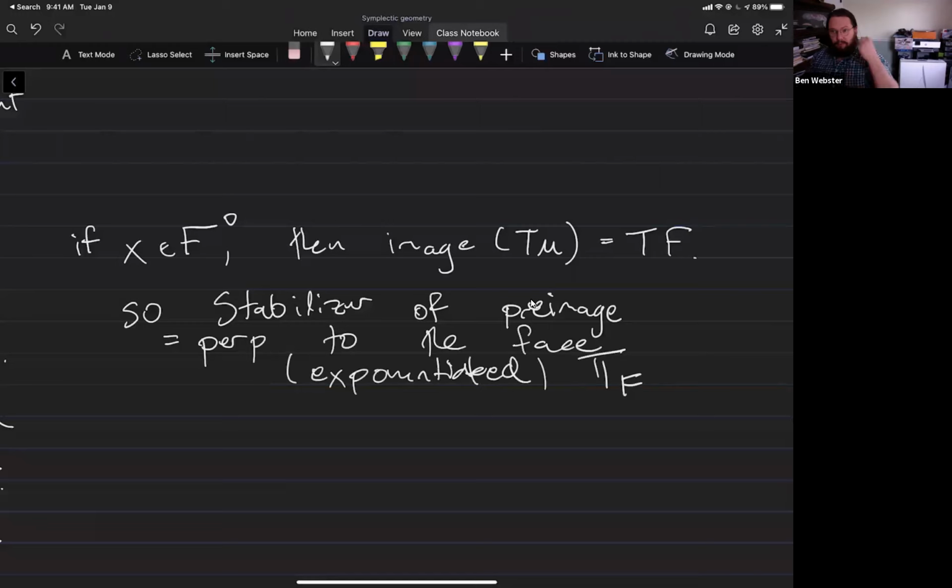So for example, a vertex is a face that's zero-dimensional, so the whole torus acts as the stabilizer of the preimage. The preimage of a vertex is going to be a fixed point. On the other hand, if I take some point in the interior, the face it lies on is all of delta, and so the stabilizer is going to be trivial.